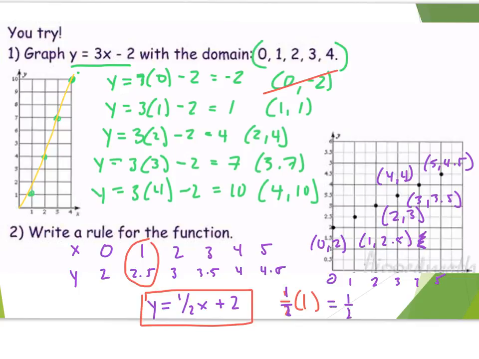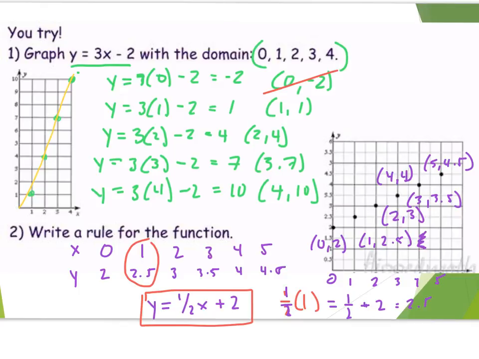Well, a half does not get me 2.5. So then I added 2 to that half. 2 plus 0.5, or 1/2, is 2.5. So my rule: 1/2 times my input, and then add 2 to the end.